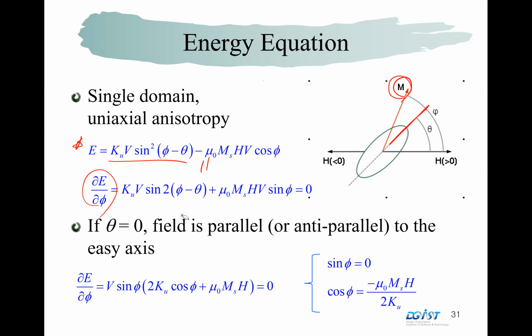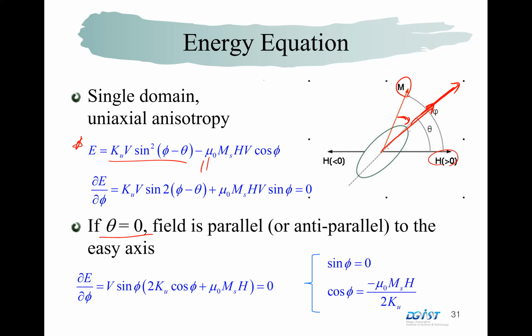So let's start the easiest way. Let's assume theta is 0. That means the field is applied along the easy axis direction, parallel or anti-parallel to the easy axis. So the field can be this way or this way. Okay, so let me simply ask, if the magnetization is here and you apply the field in this direction, then the magnetization direction, if you apply a strong enough field, will try to align with the field direction.